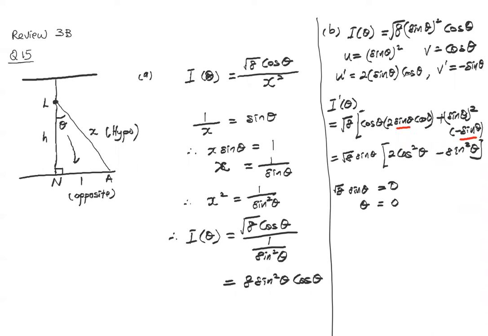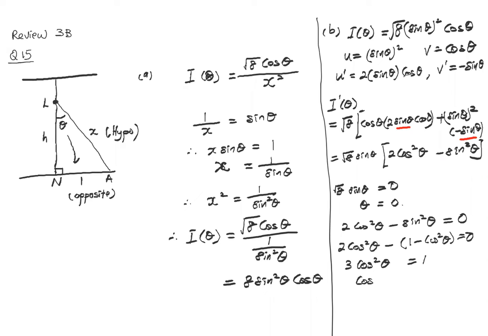Okay. 2 cos square theta minus sin square theta equal to 0, correct? You cannot solve. You have to replace your sin square with cos square. So sin square is 1 minus cos square, correct? So I have 3 cos square theta equal to 1. So my cos square theta equal to 1 over 3.